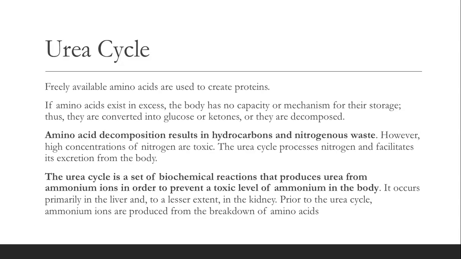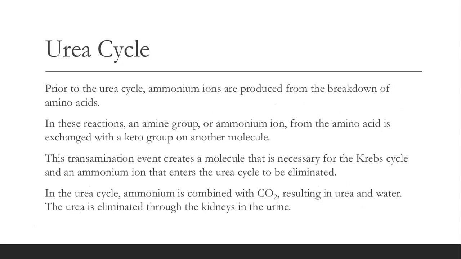And once you break down that ammonium, which occurs primarily in the liver and some in the kidneys, and of course, if you know much about that, that's where you're making urine. And prior to that, ammonium ions are produced from the breakdown of amino acids. In these reactions, an amine group or ammonium ion from the amino acids exchanges with a keto group on another molecule.